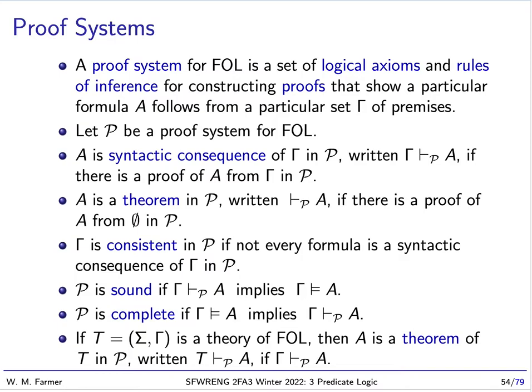The rules of inference are a way of inferring truths from things we already know are true, or have assumed are true. And we use these logical axioms and rules of inference for constructing proofs that show that a formula follows from a particular set of premises.